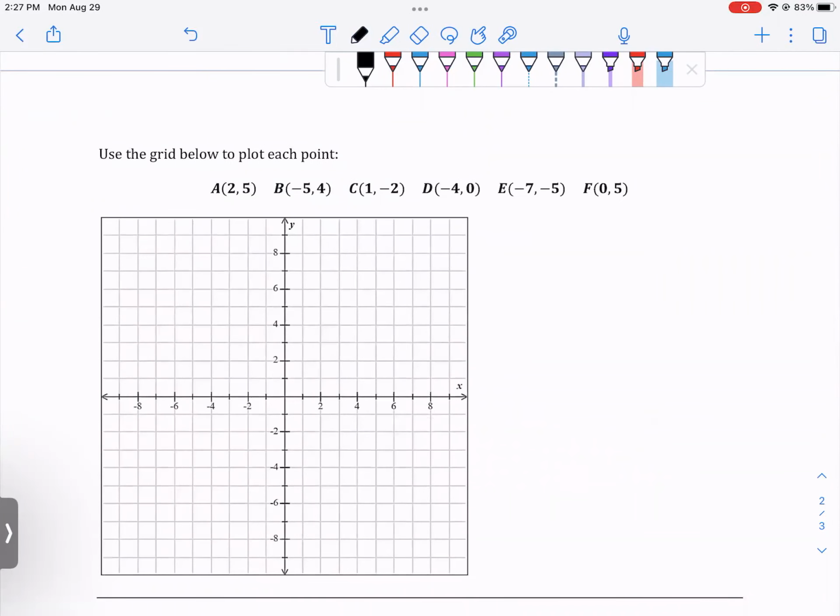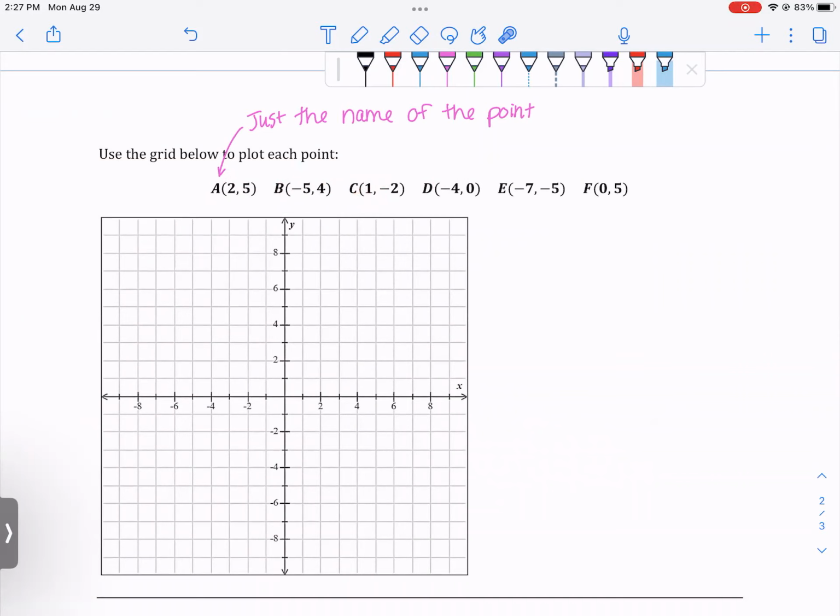So I have a grid here. I have points, and you'll notice that there is a letter next to each of these points. When there's a letter next to a coordinate point, that's just the name of the point. So this first one, his name is A, this point's name is B, this point's name is C.